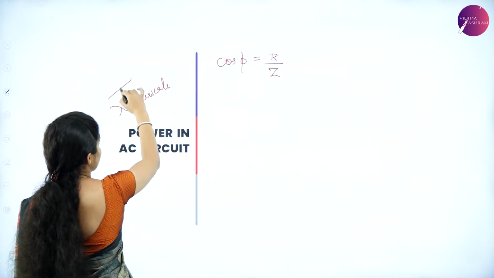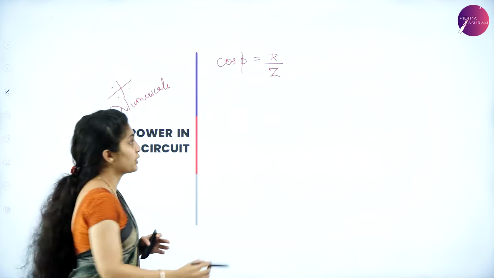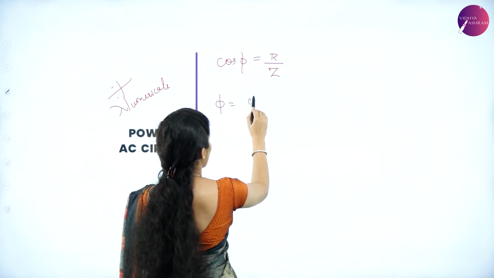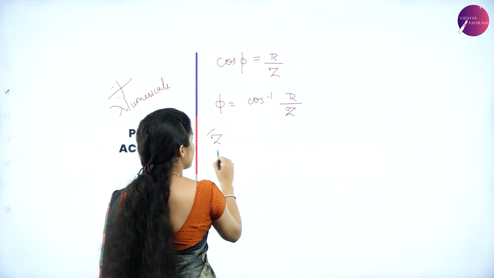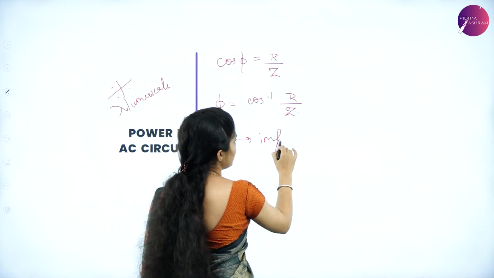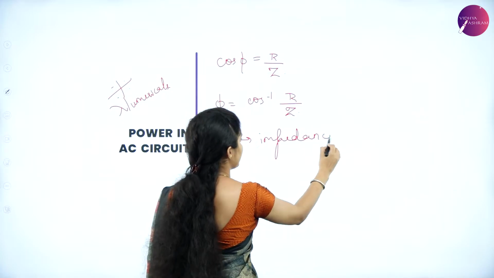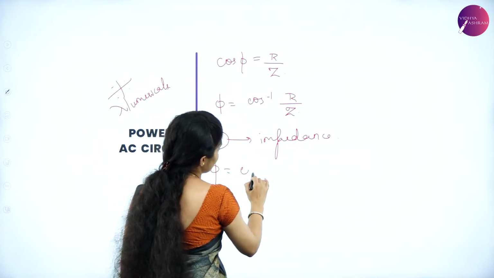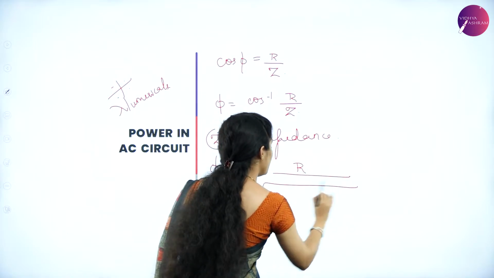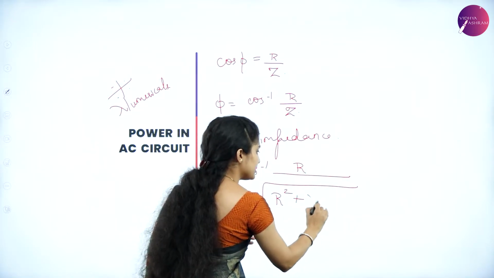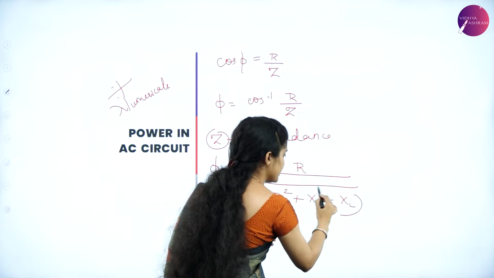So it goes like this. Cos phi is equal to R by Z, so phi is equal to cos inverse of R by Z. Z is nothing but the impedance we are talking about. So phi is equal to cos inverse of R divided by root of R square plus (XC minus XL) the whole square.